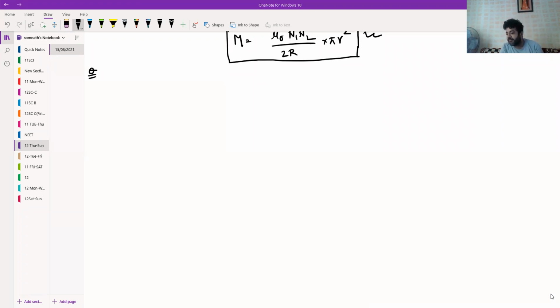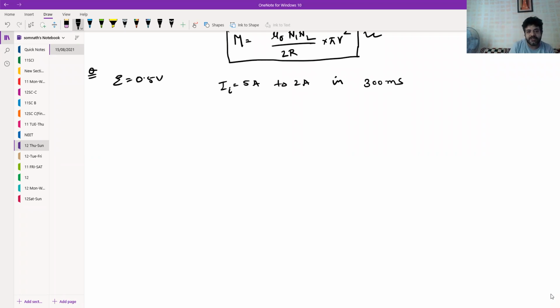An EMF of 0.5 volt is developed in the secondary coil when the current in the primary coil changes from 5 ampere to 2 ampere in 300 milliseconds. Calculate the mutual induction of the two coils.